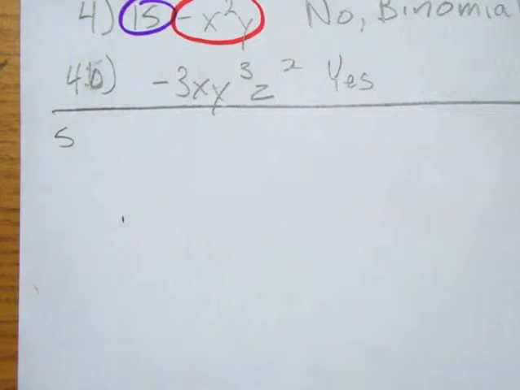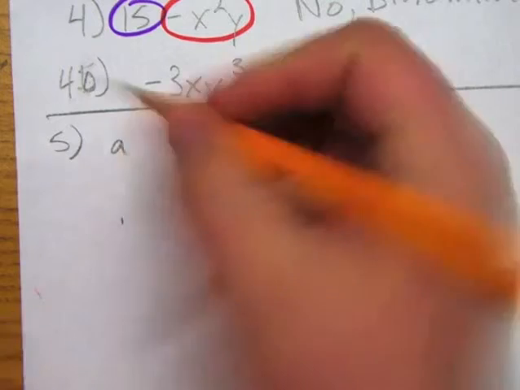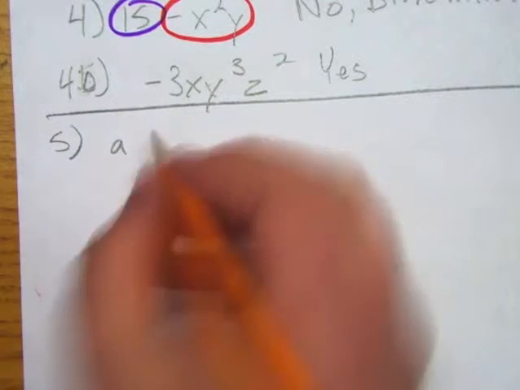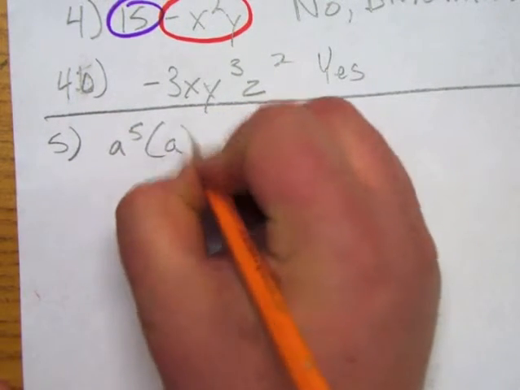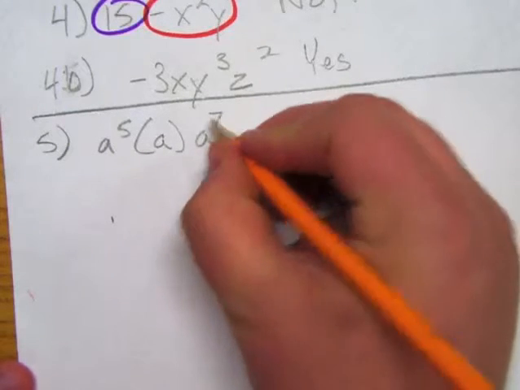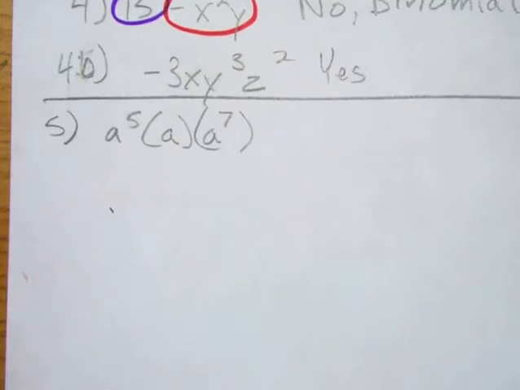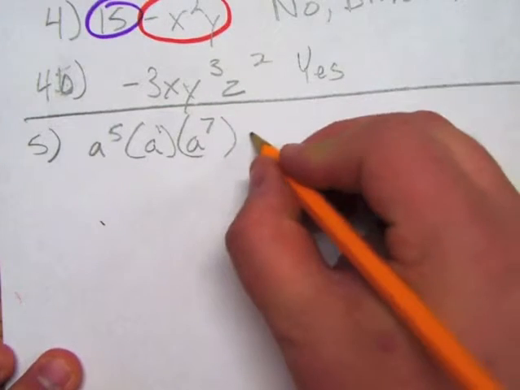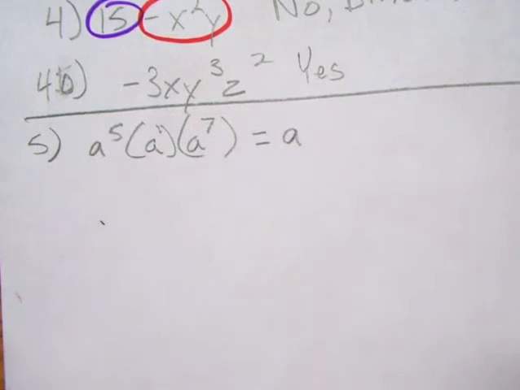Different task. We're just going to simplify. All right. So what do I do there? How do I simplify that? We're just multiplying across, so it's different, right?